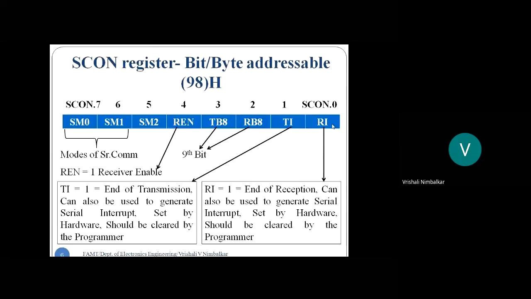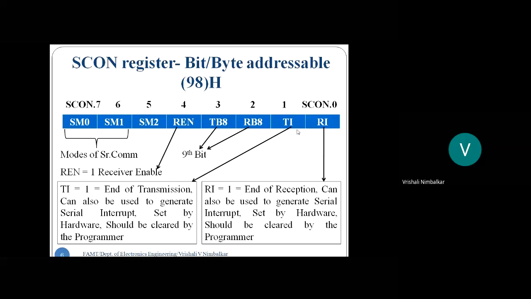Serial communication will keep on happening at the back end, and the microcontroller will do some other operation. That happens in interrupts. So the RI flag can also be used to generate an interrupt. That is what I want to tell you all. Whenever the reception is completed, the internal hardware circuitry will automatically set RI.